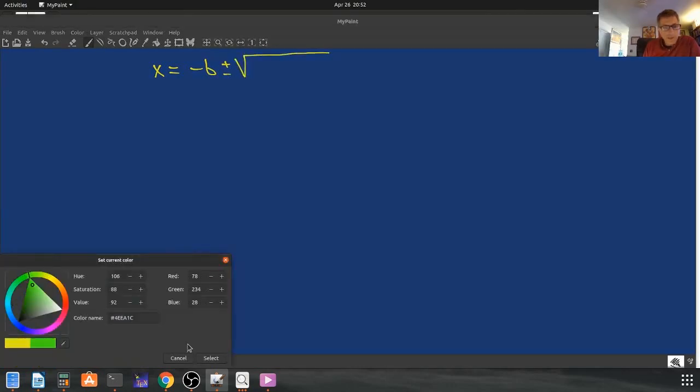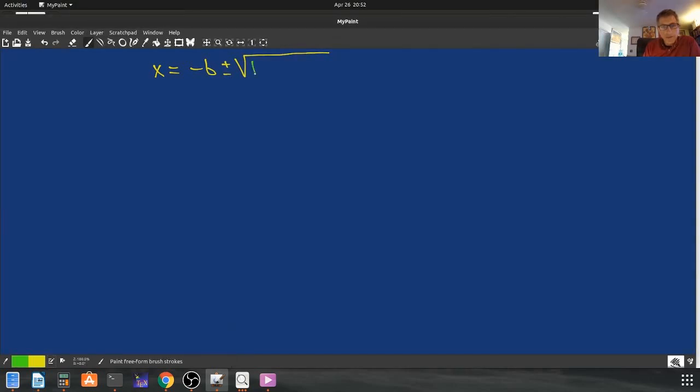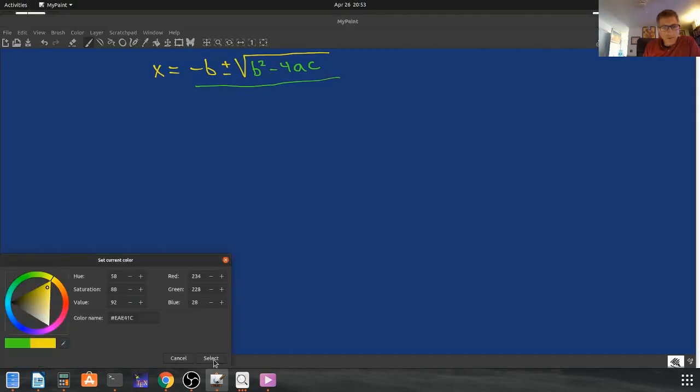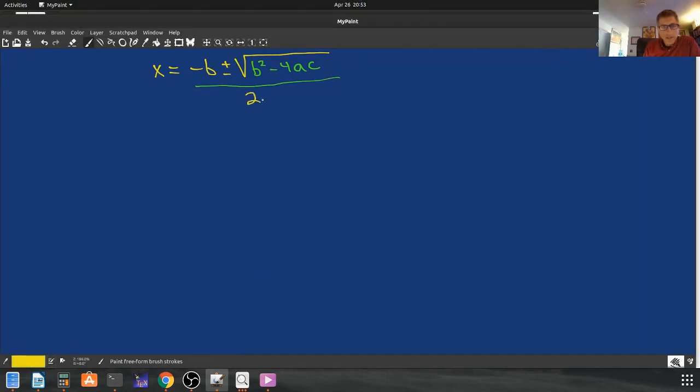And what I'm going to write in green is called the discriminant, b squared minus 4 times a times c. All of that's going to be over 2 times a. So I want to highlight the discriminant.